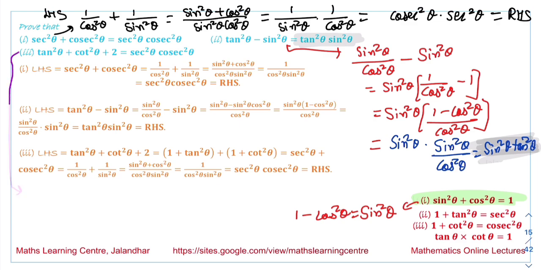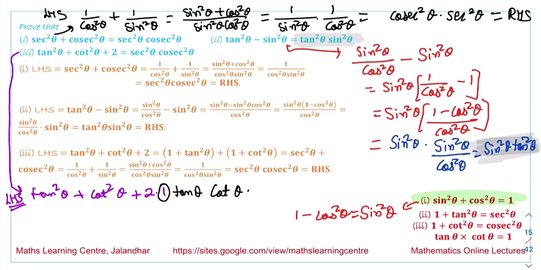Now the last part we have is tan square theta plus cot square theta plus 2. This is the left hand side we are talking about, and we have to prove that it is equal to secant square theta into cosecant square theta. So we are saying this is 2 into 1. In place of this 1, we can write tan theta into cot theta, because the product of these two terms is 1.